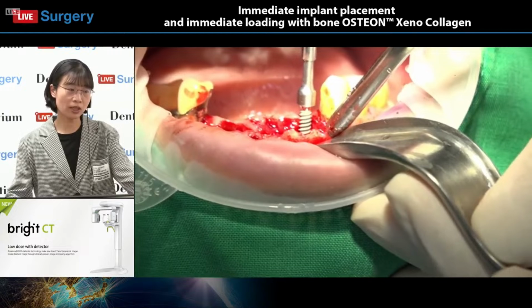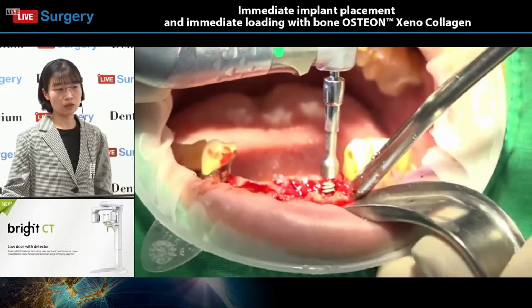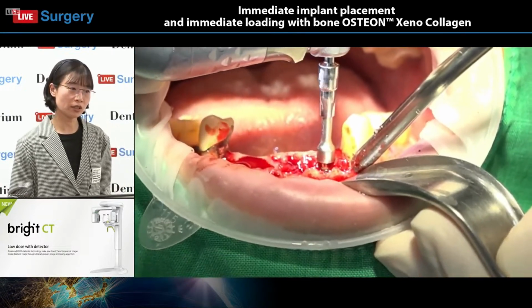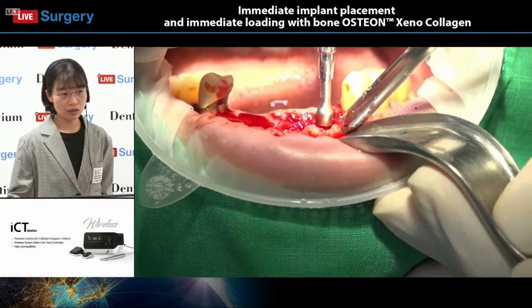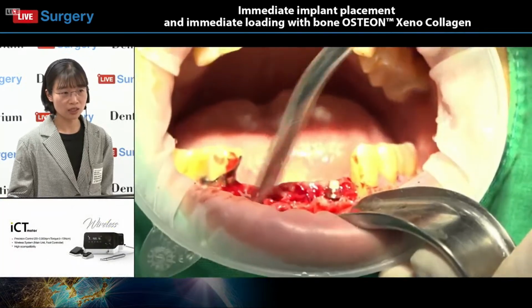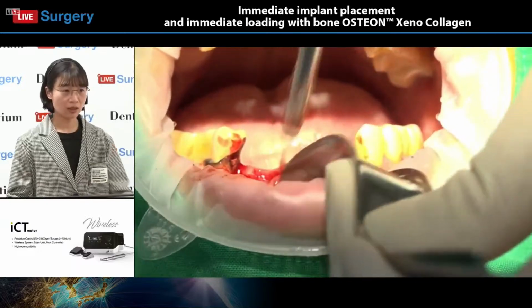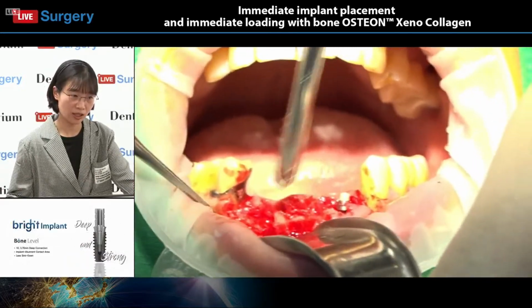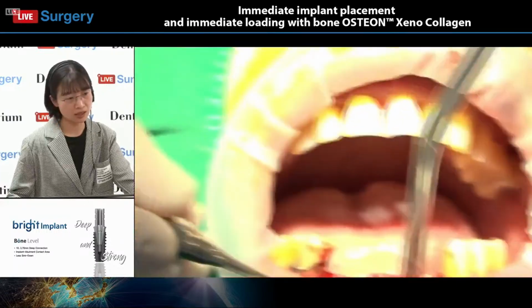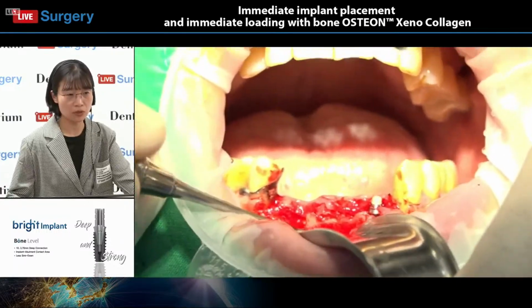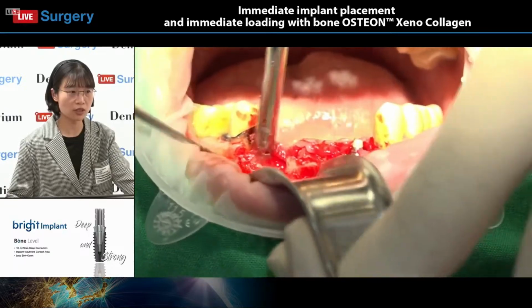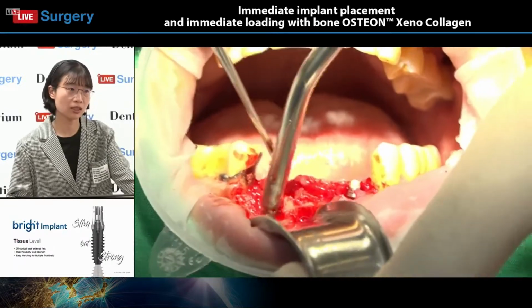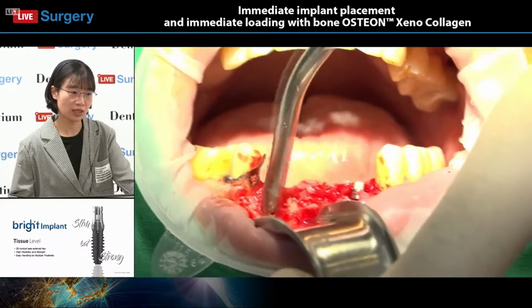Okay, because it is a very narrow ridge and also the lower anteriors, with just one drilling, he placed the implant perfectly on the tooth number 32 position with the tissue level implant.